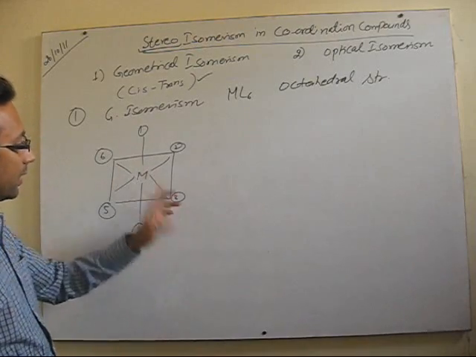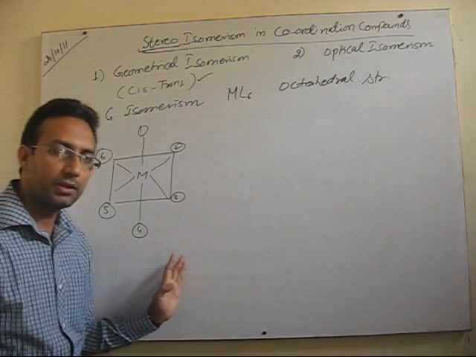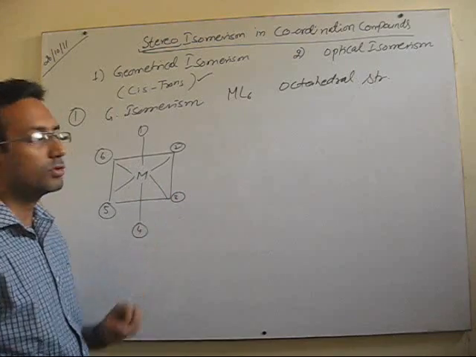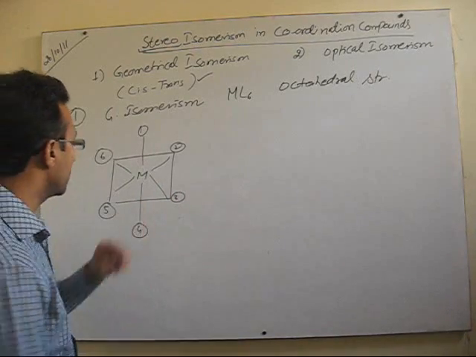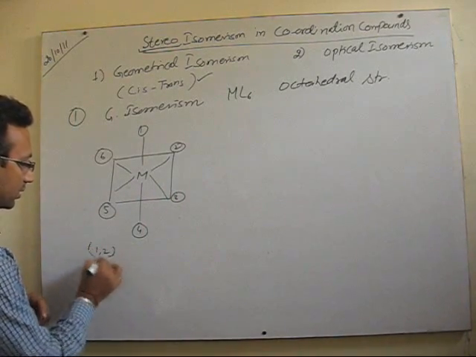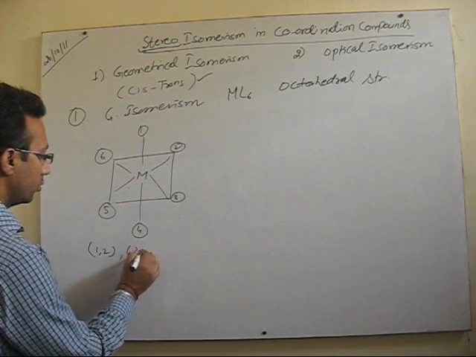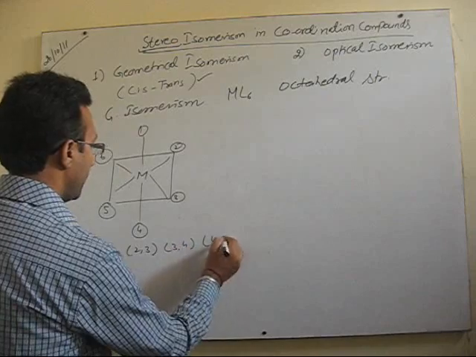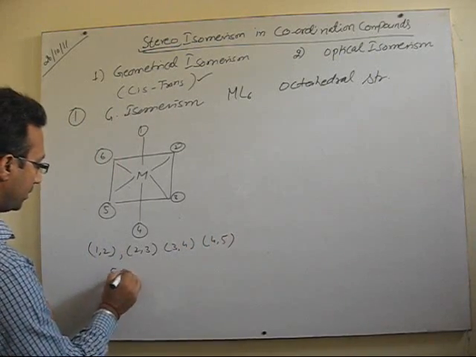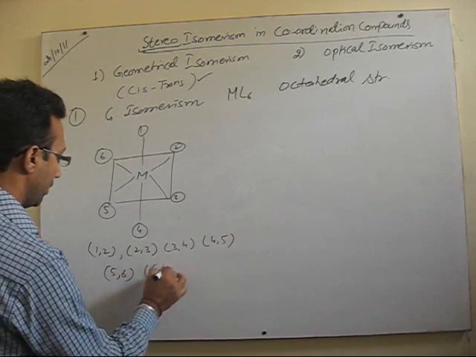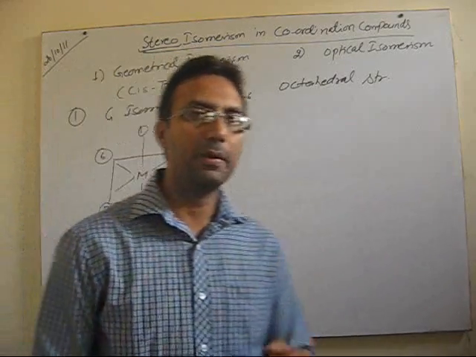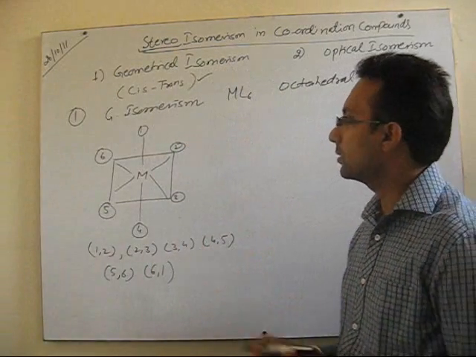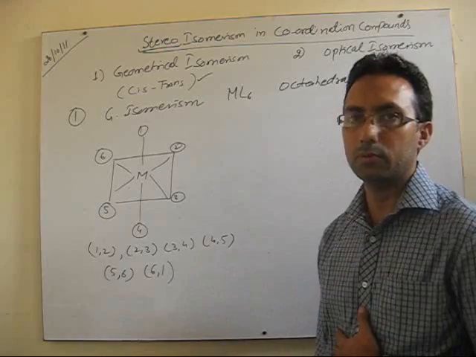Now here, while considering geometrical isomerism, adjacent positions are taken as cis positions. For example, 1, 2 is a cis position, 2, 3, 3, 4, 4, 5, 5, 6 and 6, 1. If the two same ligands are present on these two positions, then that will be taken as cis.